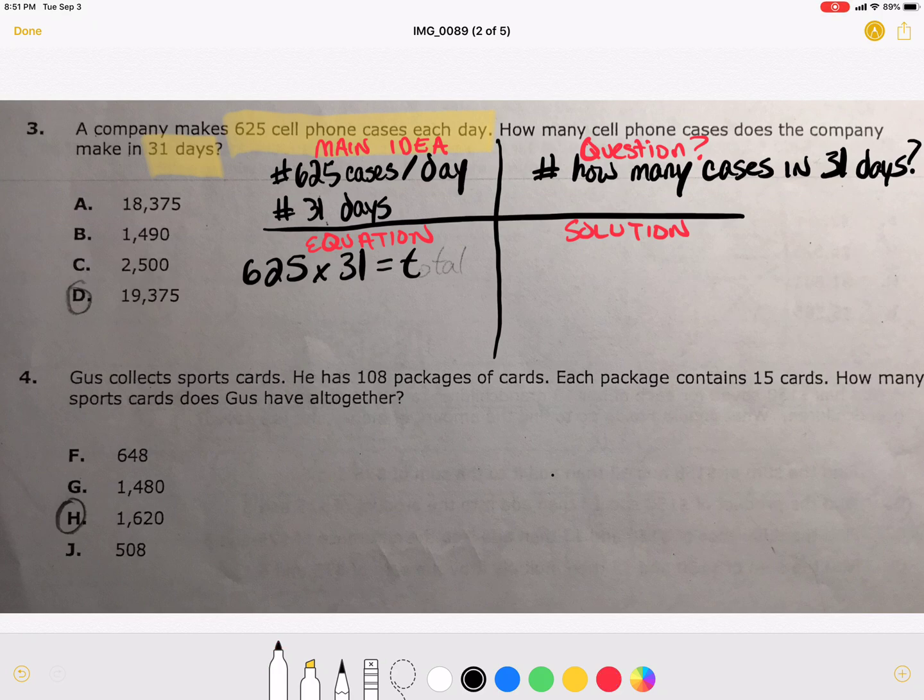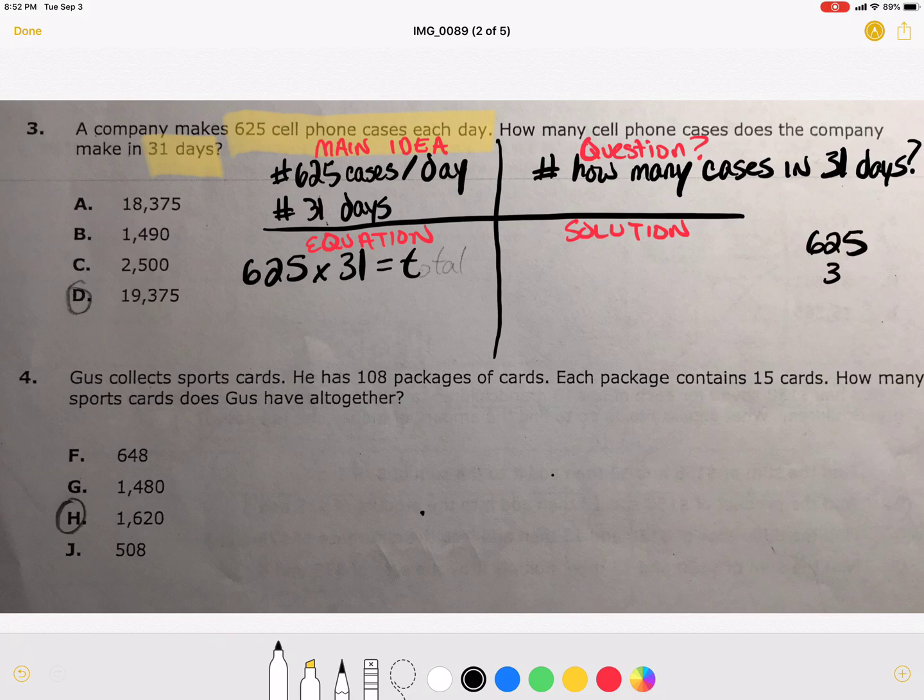All right. So, again, we can do this any number of ways. We could even do the estimation like we did before. Now, this is really easy because we don't have to round it to something inconvenient. The whole point of rounding is working with what we have. 625 is a nice, easy, calculated number.